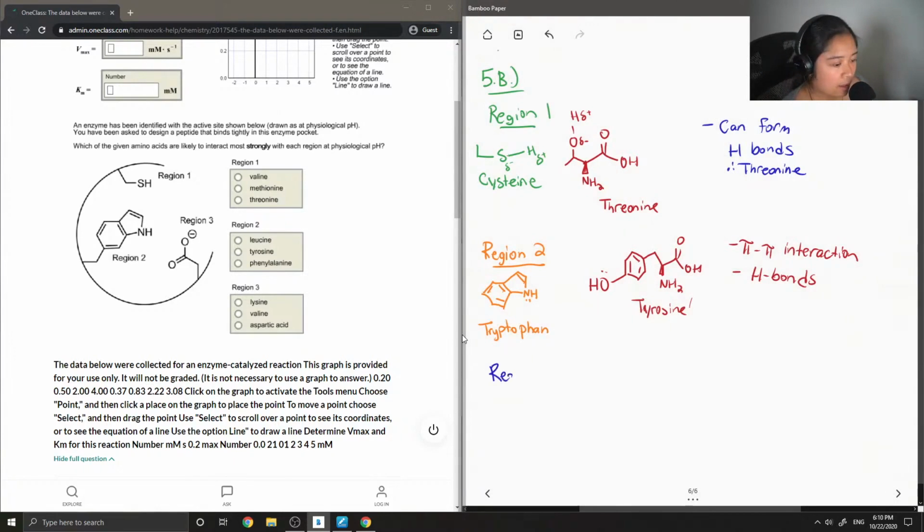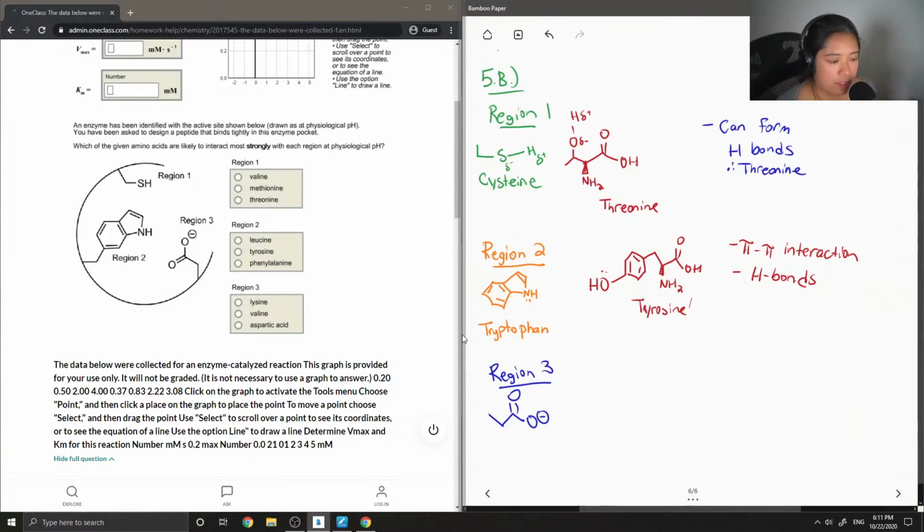And lastly, let's look at region 3. So this one might be the easiest to figure out. And that's just because it has a negatively charged oxygen.